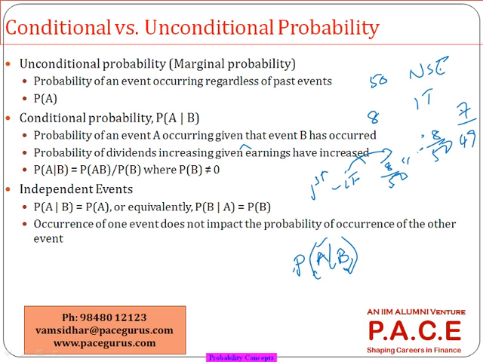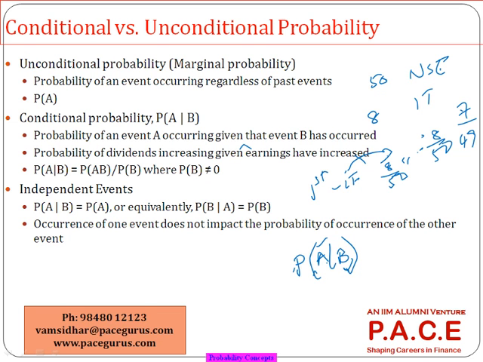But if scoring 60 is already done, then the chance of scoring an 80 is slightly easier compared to having no information and starting from scratch at zero. So whenever we are talking about the occurrence of one event based on another event having already occurred, we are assigning the conditional probability.